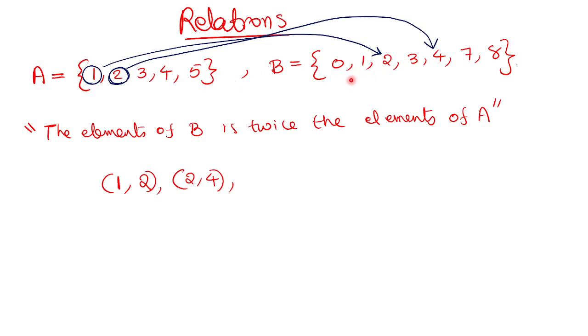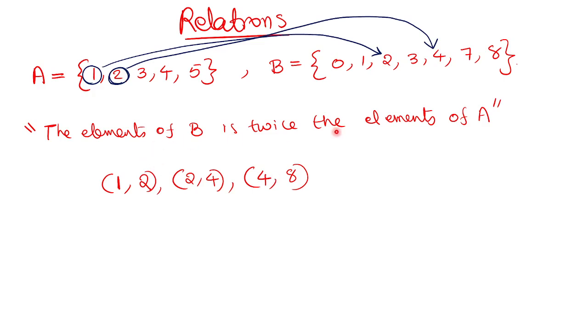If the element is not present in B, you cannot write the ordered pair. So this is not considered. Double of 4: 2 times 4 is 8. It is there, then only you can write the ordered pair. The element 4 in A is related to the element 8 in B. I will definitely clarify all your doubts. Let me complete it.